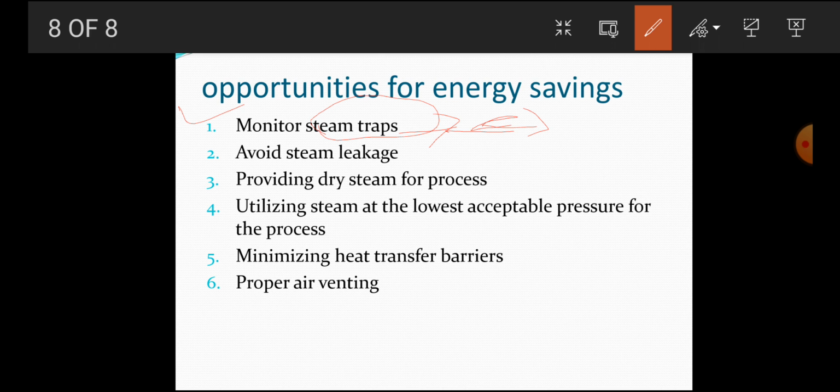Then next is flash steam. Users generally get confused between flash steam and leaking steam.